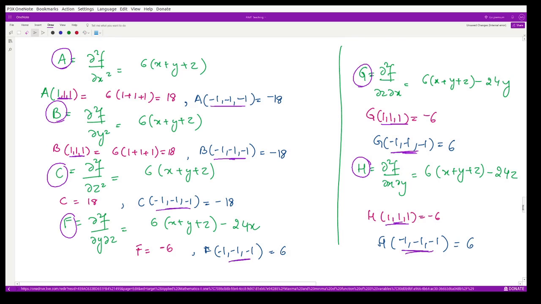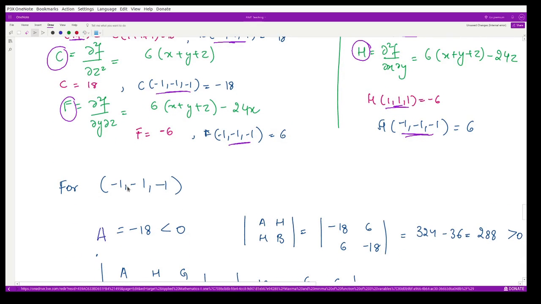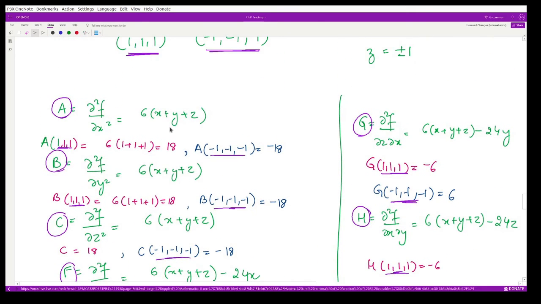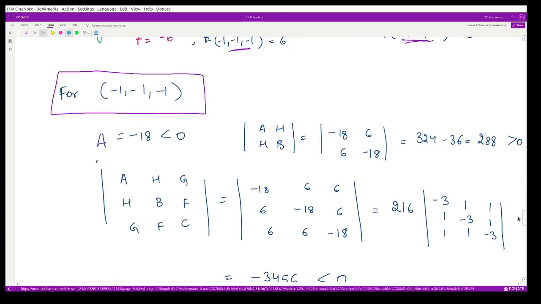So once you have these values, we'll proceed firstly for this point -1, -1, -1. So here you see what is your a value. Your a value in this case is -18. So a is negative here in this case, and the second order determinant that comes out to be positive quantity.